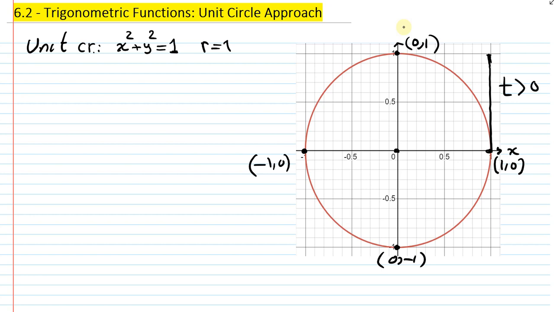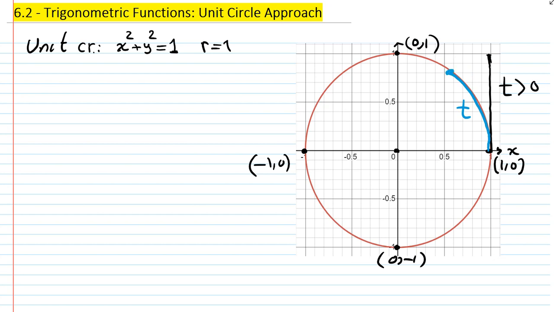Imagine if we bend this line and place it on the circle, because of the curvature of that circle. So this is what that line of length t would look like now, wouldn't it? Again, imagine if you just somehow could fold it, bend it, and place it there.